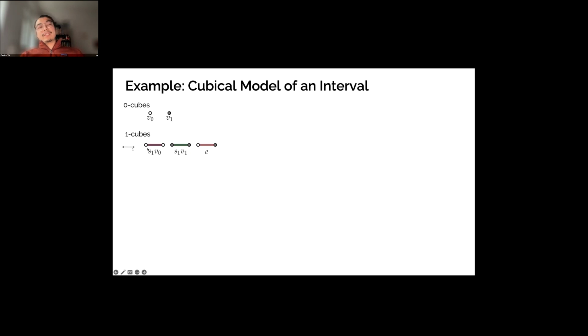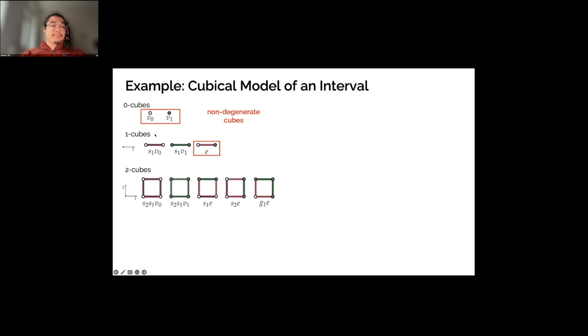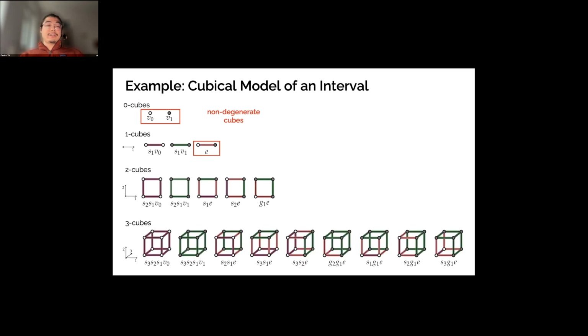So S1V0 you can think of as a degeneracy of V1. And so when we think about the geometric realization of this cubical set, we primarily just have to work with these non-degenerate cubes. And even though a unit interval is finite dimensional, there are going to be cubes in this cubical model in all dimensions, and these are just going to come from the degeneracies of the 0 and 1 cubes.